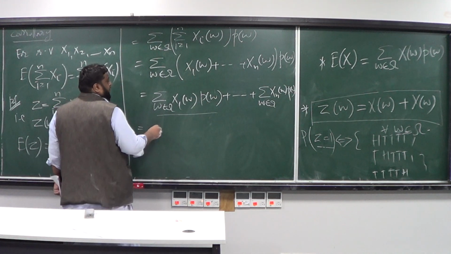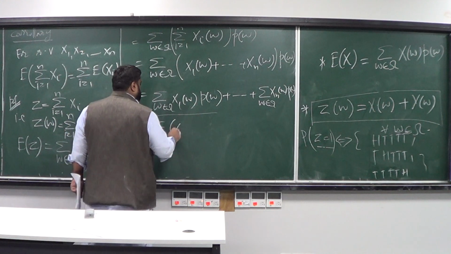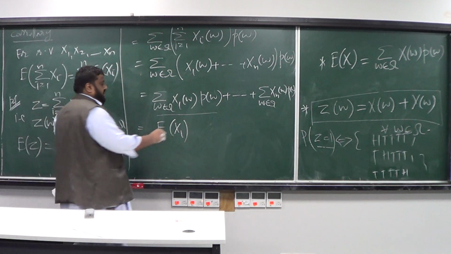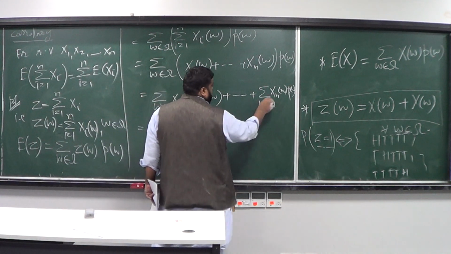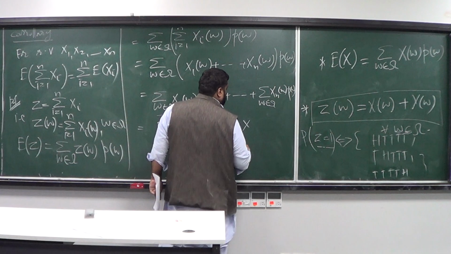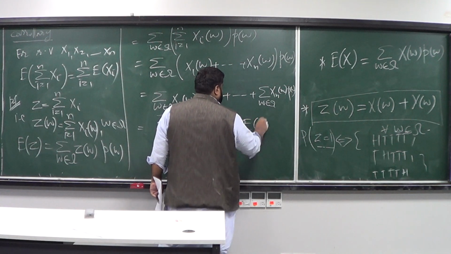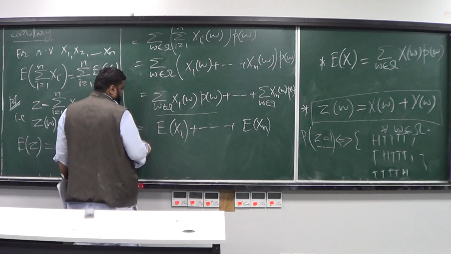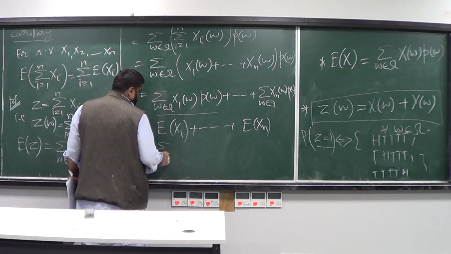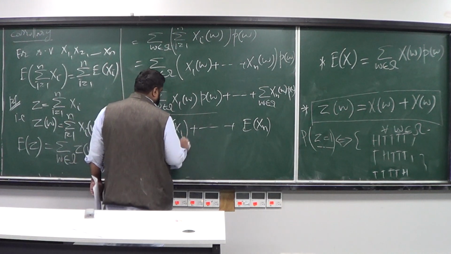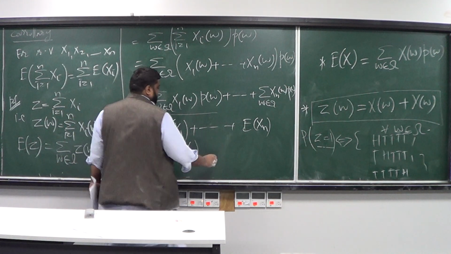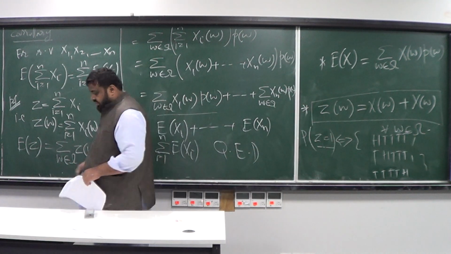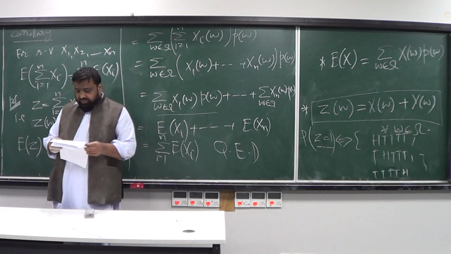If you see, this is precisely the definition of expectation of x1, plus so on and so forth. And what is this? By the previous definition, this is expectation of xn. And hence you can write this as the sum from i equal to 1 to n of expectation of xi, and this is what you wanted to prove.